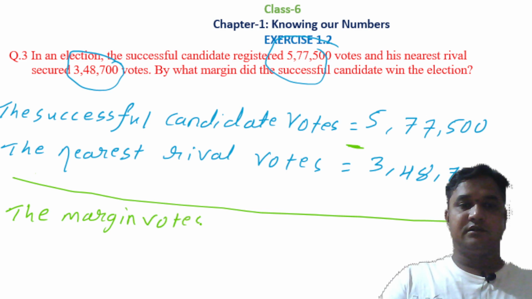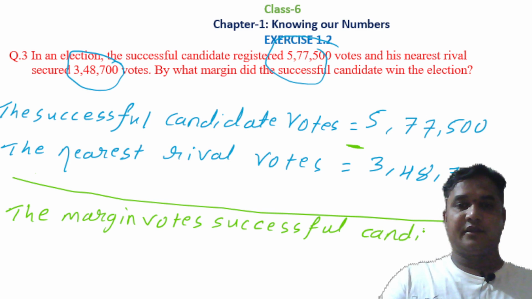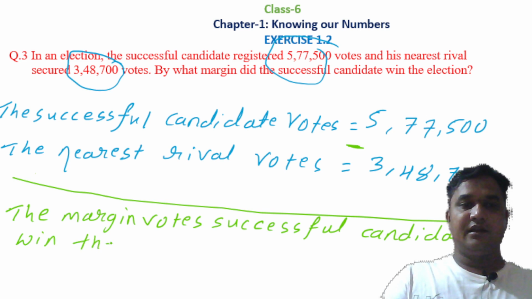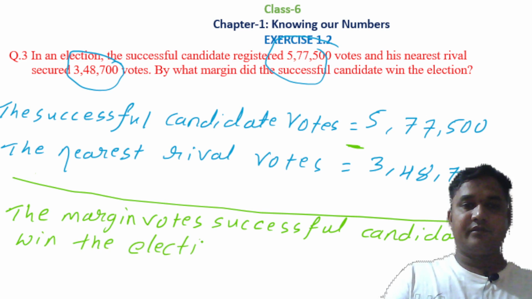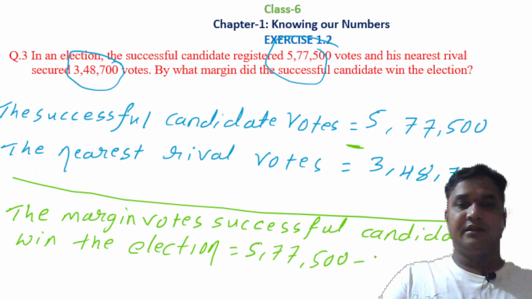votes, successful candidate win the election, equal to what is that? 5,77,500 minus 3,48,700 is nothing but 2,28,800.